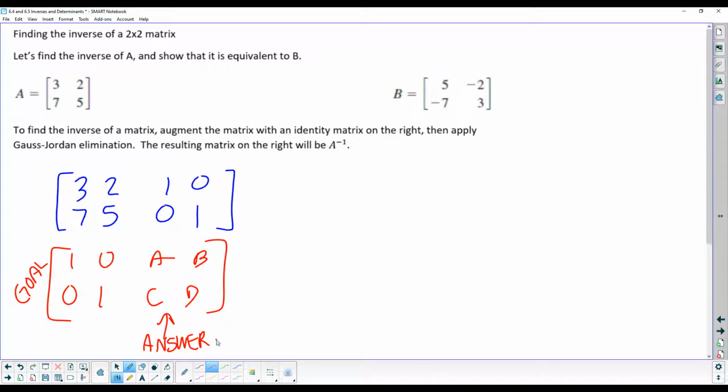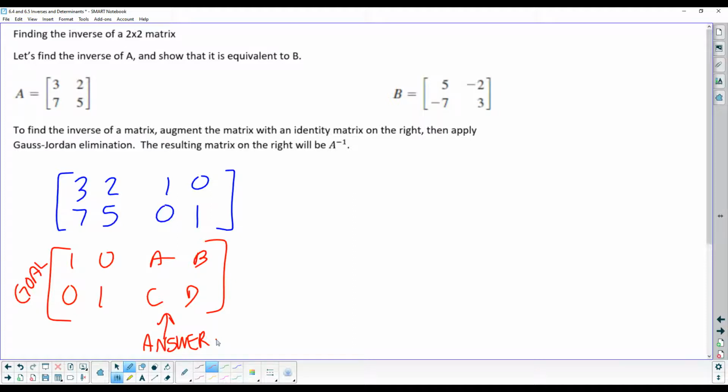Now, I like to do my best to avoid fractions at all cost when I am doing this, because fractions start to get ugly. I can't do them as fast in my head as I can with whole numbers. So even though I said a second ago, the first thing you might do is divide by 3, personally, I would not do that, because if I divide by 3, I'm now having to deal with 2/3 and 1/3 in my matrix. So instead, I'm going to look at these and think about 7 and 3, and I need to end up with a 1.